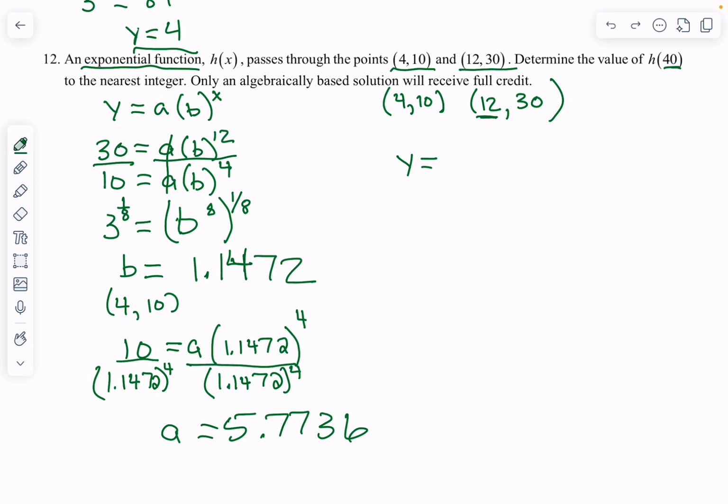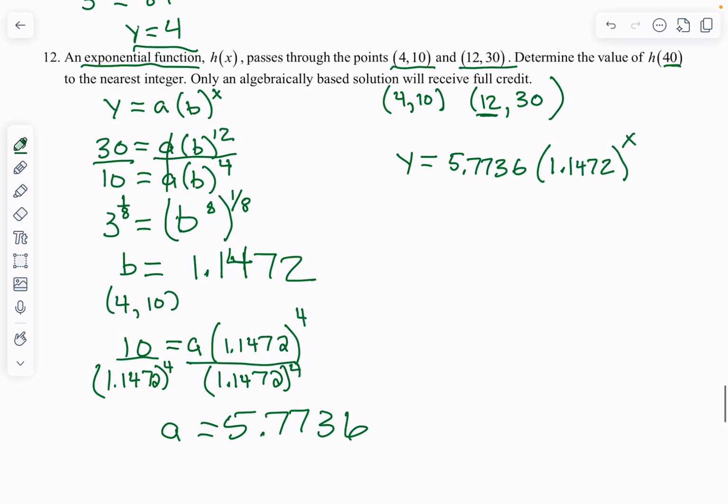Let's take that out of there. a is 5.7736, times, I'm sorry, that's a. Now we're going to put b in the parentheses: 1.1472 raised to the x power.